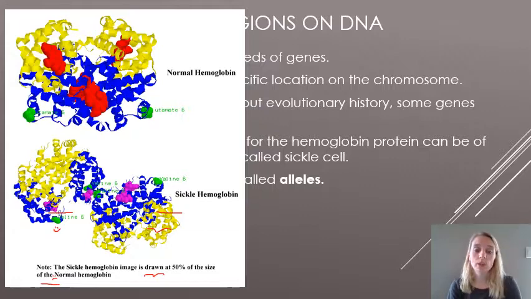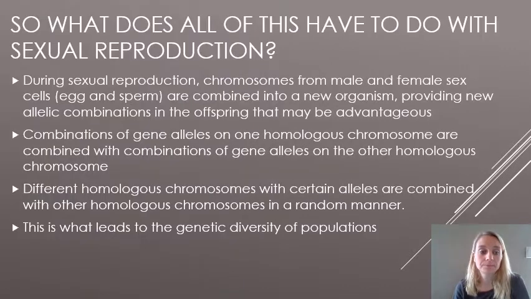So this is the normal hemoglobin on the top. And if you have that mutation, it's the same gene, codes for your ability to make hemoglobin, but when you have that sickle cell allele, your hemoglobin is folded slightly differently, so it's going to work a little bit less efficiently, a lot less efficiently. We'll see the sickle cell example show back up when we get to the inheritance chapter. It's a good example for dominant and recessive alleles.